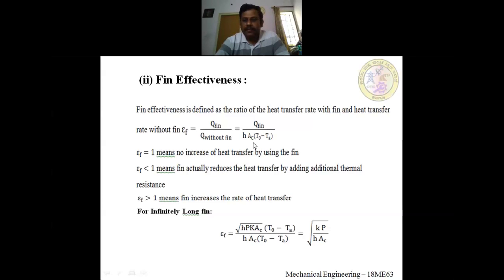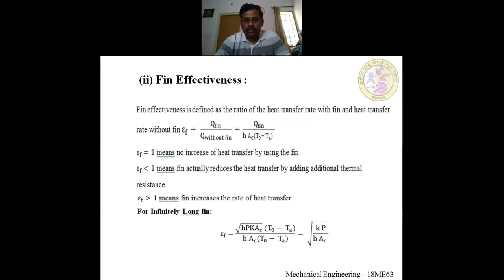By adding a fin, you are reducing the convection resistance and increasing the conduction resistance, because when you add the solid fin, the conduction resistance will increase and the convection resistance will decrease. The net heat transfer will depend on these two resistances.